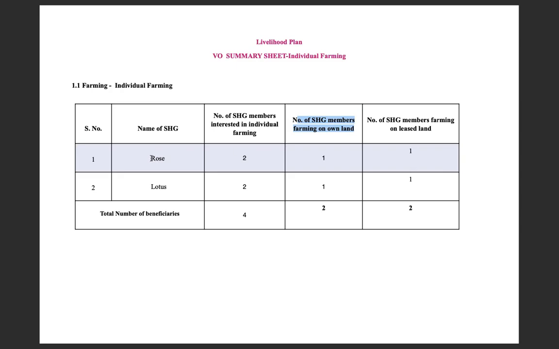So in Rose SHG, as we all know, 2 members wanted to do individual farming, and even in Lotus SHG, 2 members wanted to do individual farming. Now we also have to write how many of these 2 members are interested in doing farming on their own land and how many on leased land.